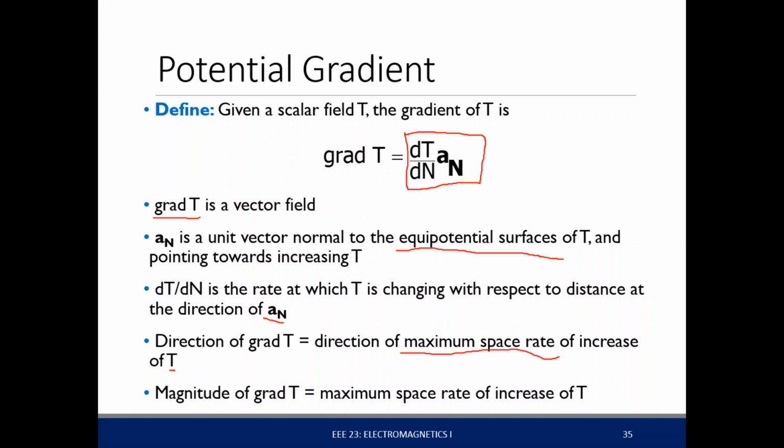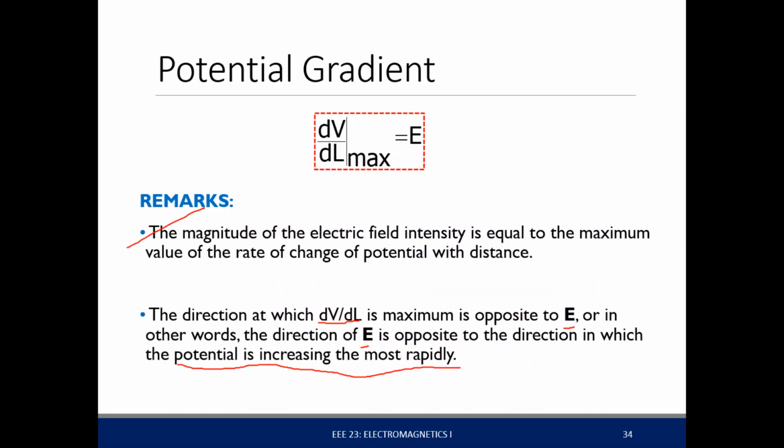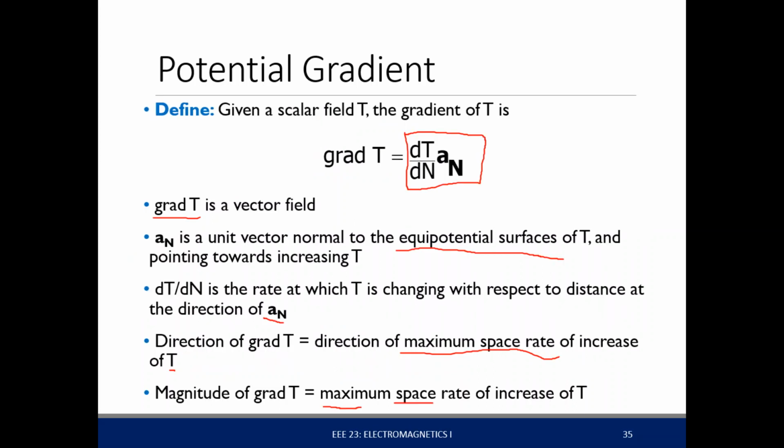And the magnitude of the gradient is basically the maximum value of this rate of increase of T with respect to the space it moves around. Okay, so it sounds familiar. It's actually this equation right here, but the direction is just added.